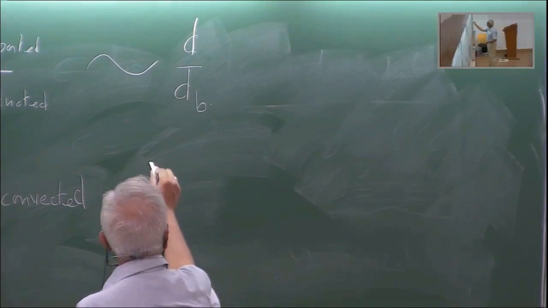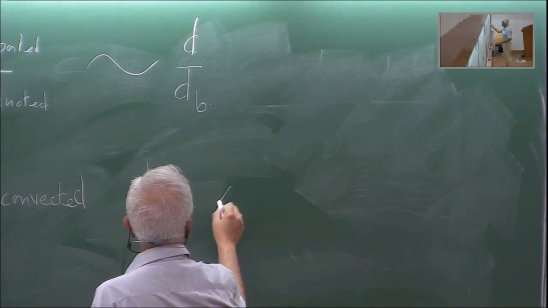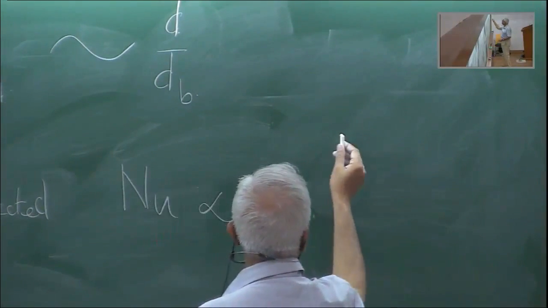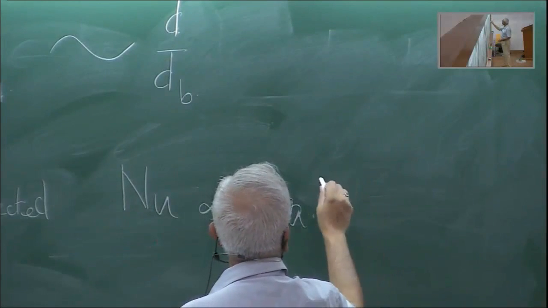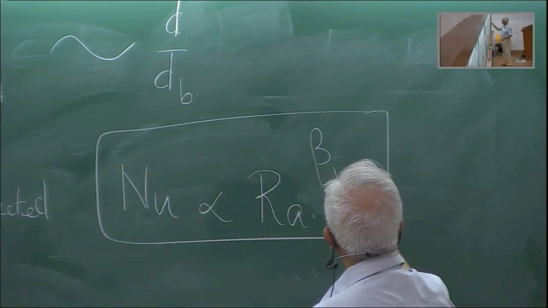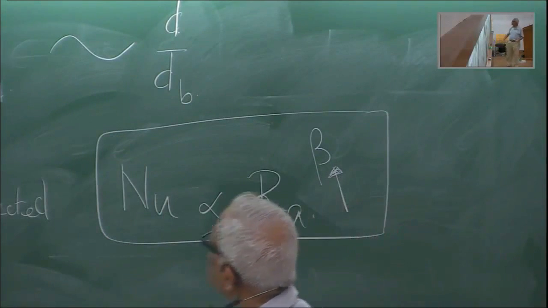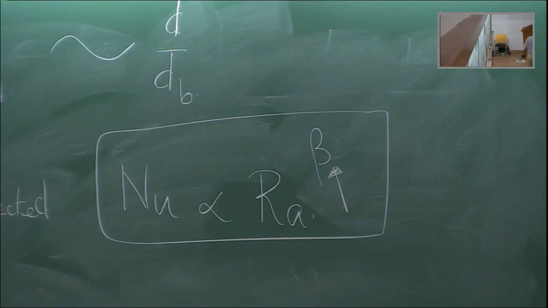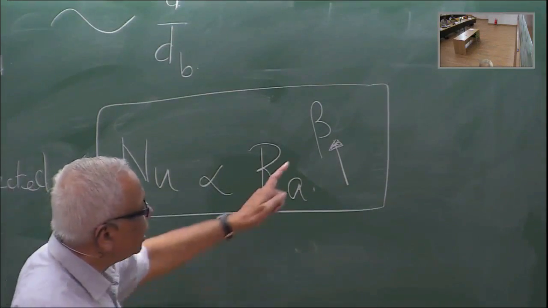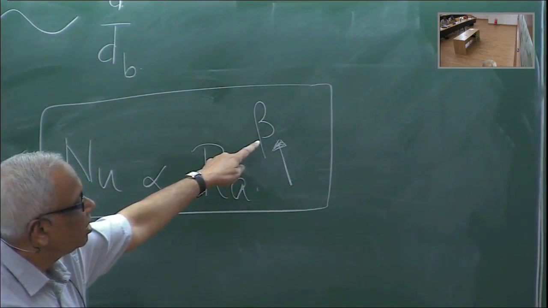Nusselt number scales as Rayleigh number to some power beta. And that is something which can be measured with tremendous precision, and a lot of effort has been spent over the last 15 years to get a good feeling for this exponent beta.